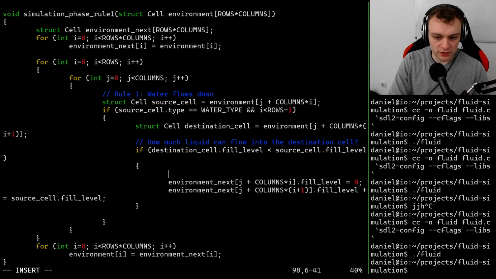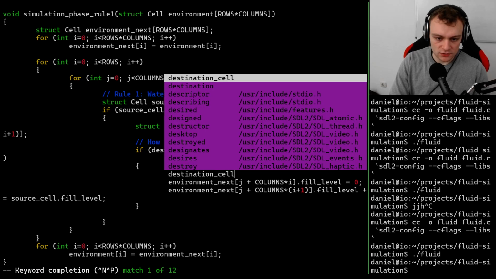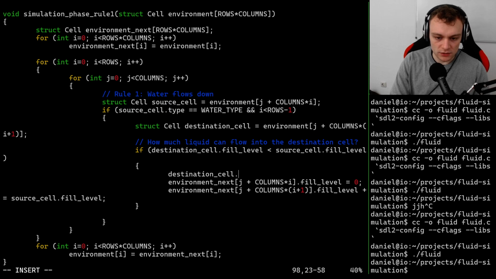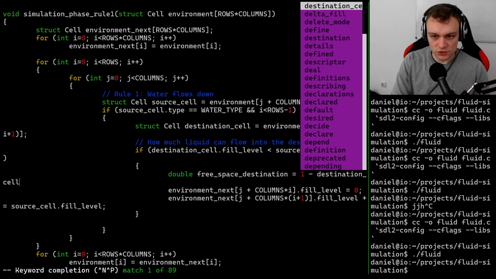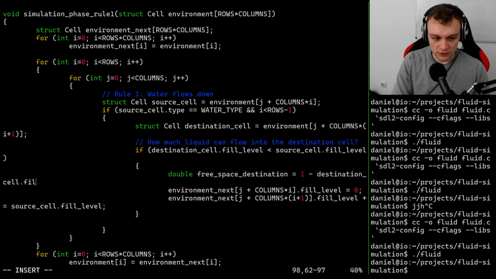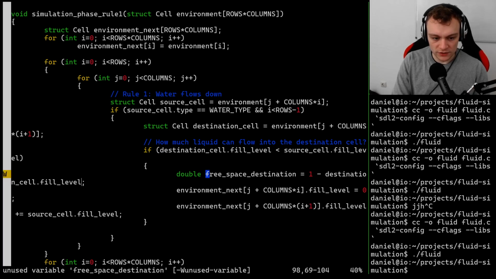Basically, we have to check how much free space there is in the destination cell. So let's check that. Destination cell, maybe double free space destination, and that is equal to 1 minus destination cell dot fill level. That is technically how much we could fill into it.